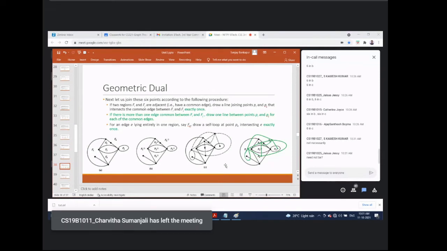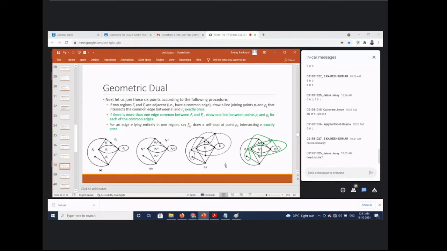In G star, will the number of vertices be the same as X, less than X, or more than X? Need not be. That is the right answer.